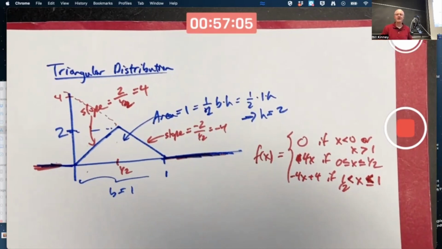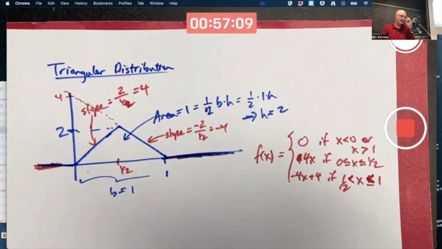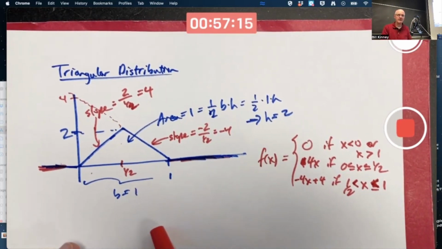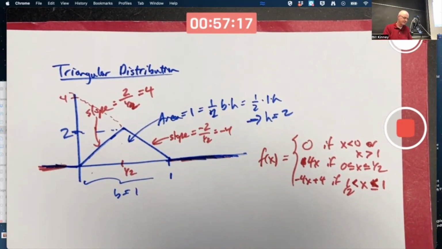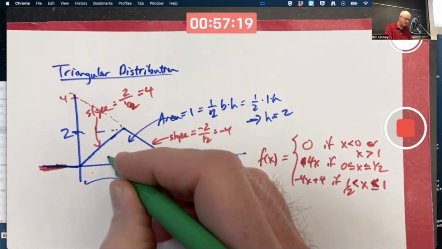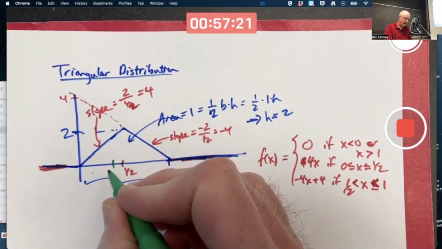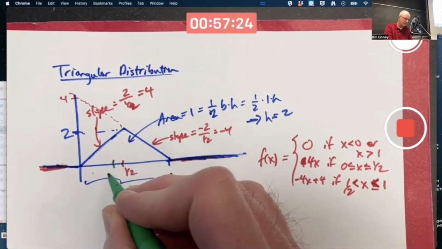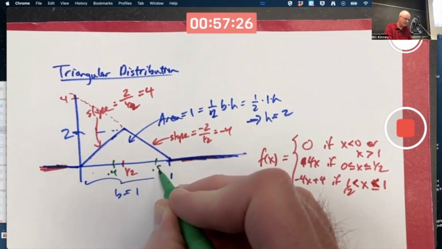That function, that little f of x, is a valid probability density function because the area under the graph does equal 1. Finding areas under this above any interval from some number a to some number b, let me pick particular numbers like 0.4 to 0.8.